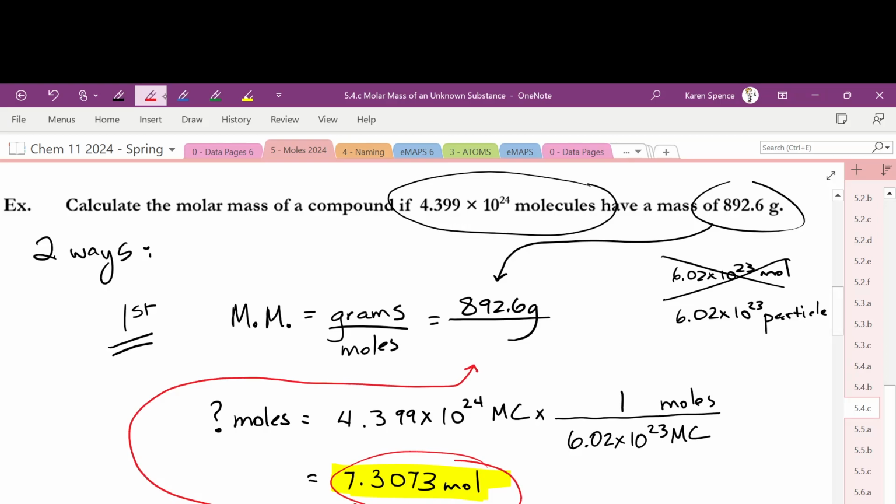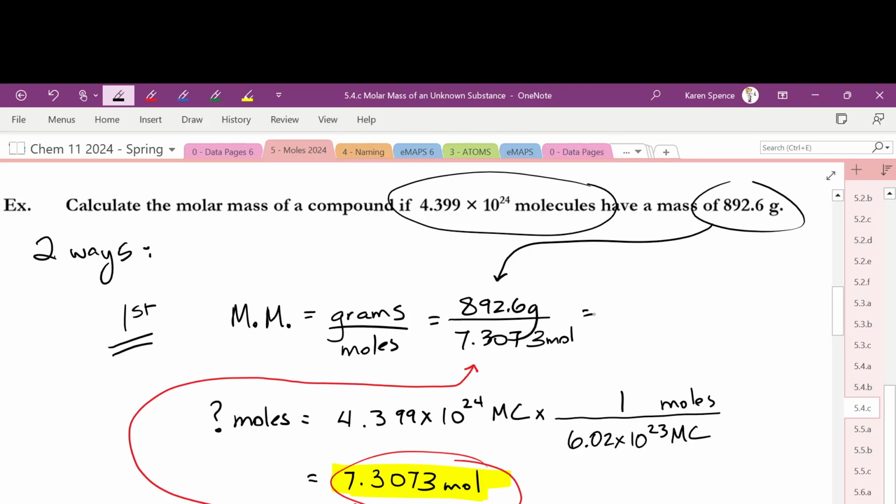Yes? 7.3073 moles. And I'm going to get rid of this because it's now in my way. And I just do the division. 892.6 divided by 7.3073 equals 122.15.